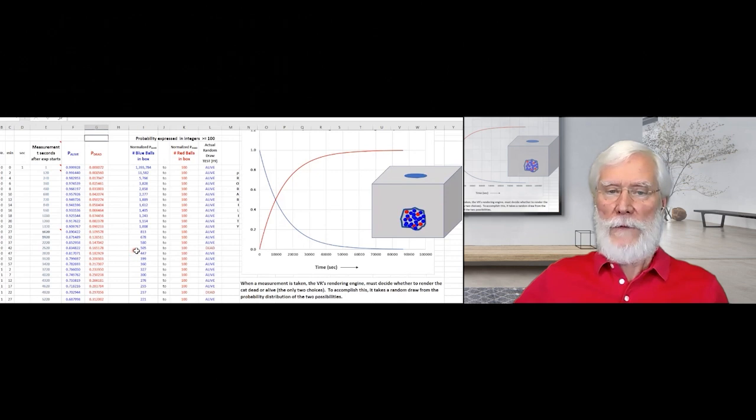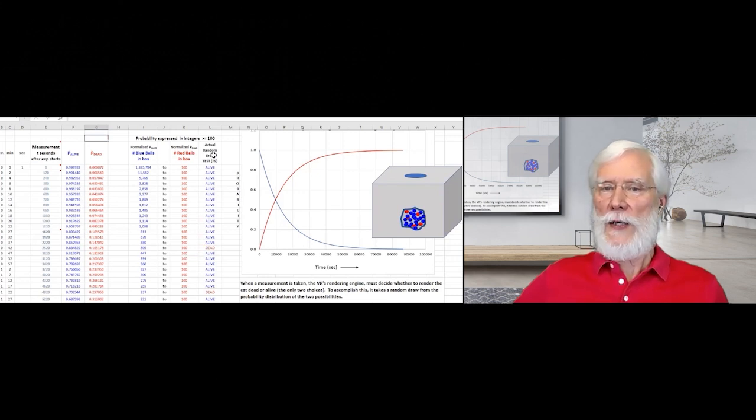It was 505 balls for blue and only 100. So there's 5 times more blue balls than red balls, but look what happened. I got a dead cat. That's because randomness is random. You don't always get something under the fat part of the curve.